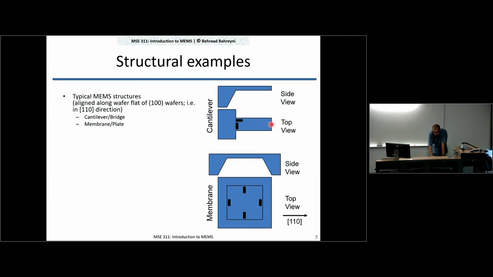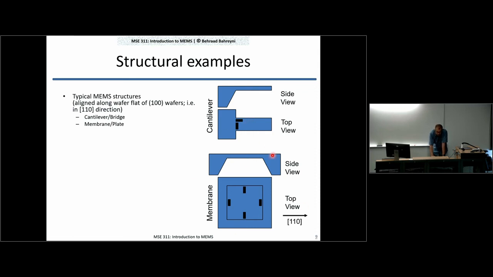Remember that when you apply a force to the tip of this cantilever, it bends down. You have a stress along the length of the cantilever, and it's normal to this resistor here, but parallel to this one here. So depending on how you orient your piezoresistor, you can take advantage of pi L or pi T.